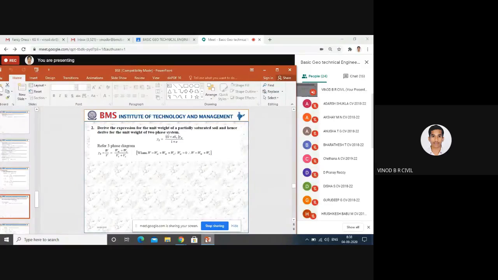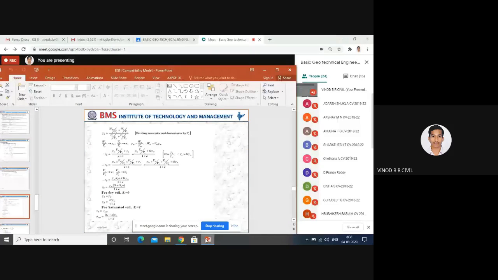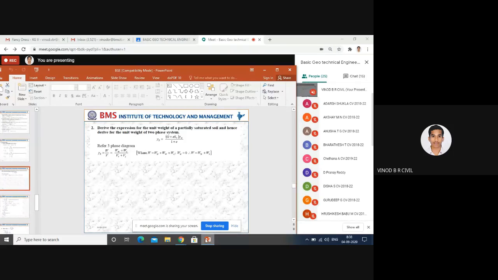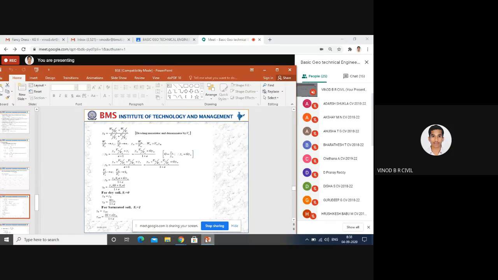Here gamma b is equal to weight of water divided by volume of soil, because we are dividing the numerator and denominator by volume of soil, that is Vs, plus weight of air divided by volume of soil.